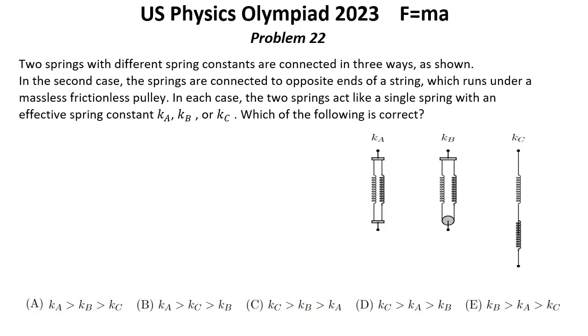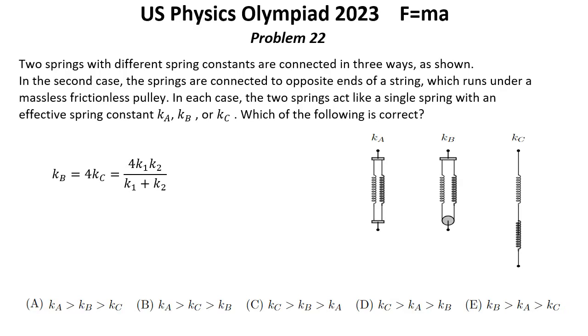So it means that we have force twice greater than in the third case, and enlargement twice less than in the third case. So totally we have Kb equal 4 times Kc, or 4 K1 K2 over K1 plus K2.